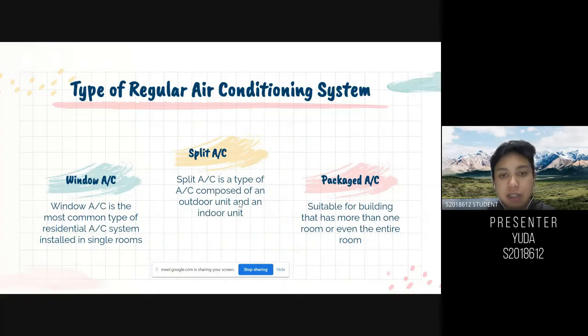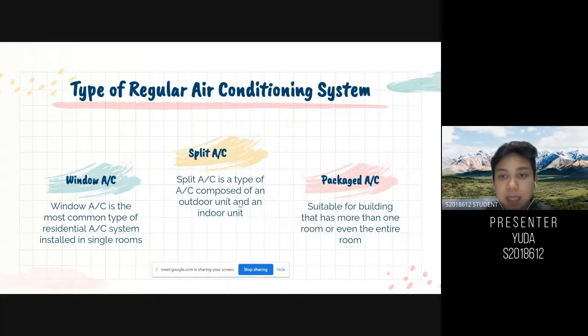A split air conditioning system is a type of air conditioning composed of an outdoor unit and an indoor unit. The outdoor unit is installed outdoors as an independent unit and contains the compressor, condenser, and expansion valve. Split air conditioners require a much smaller hole to accommodate the connecting pipes.